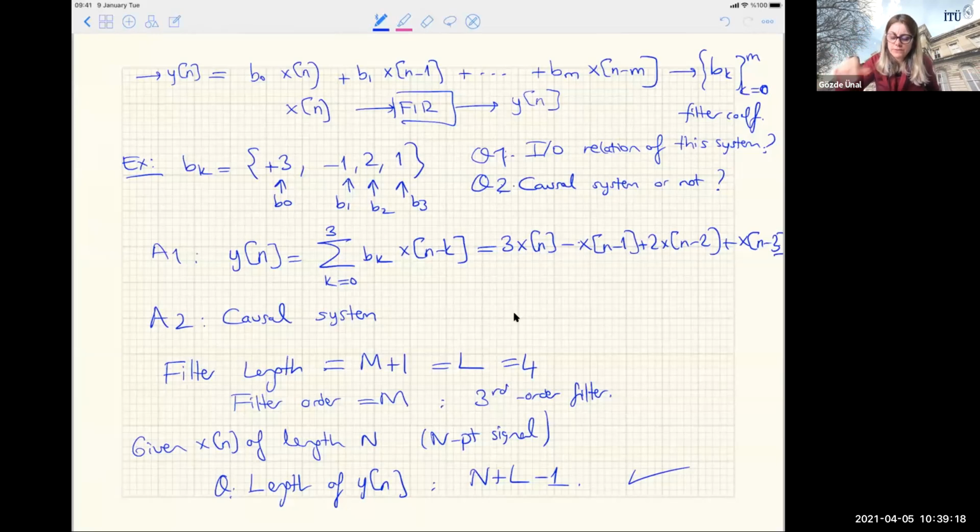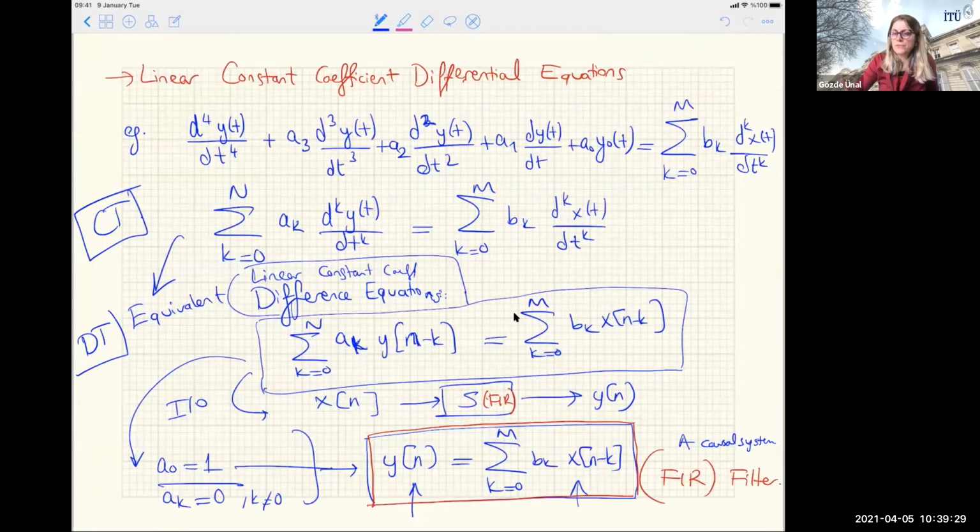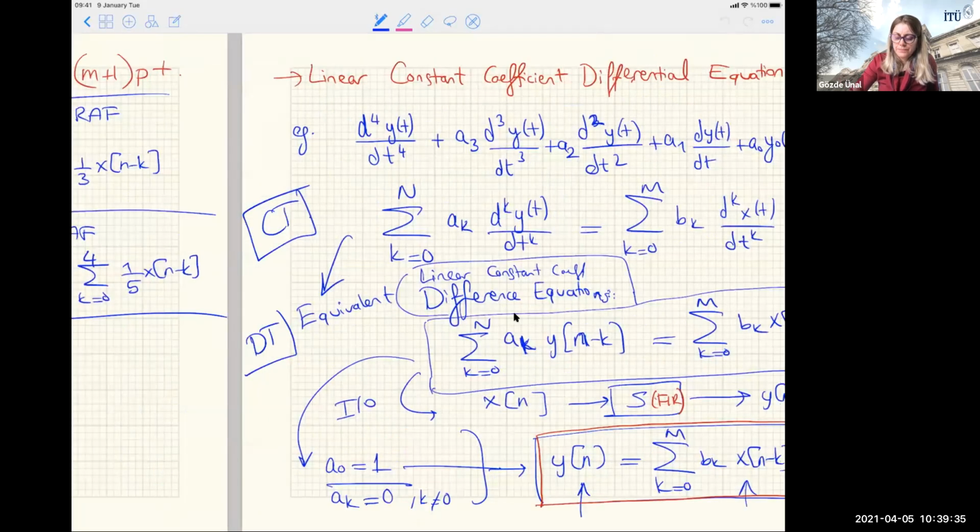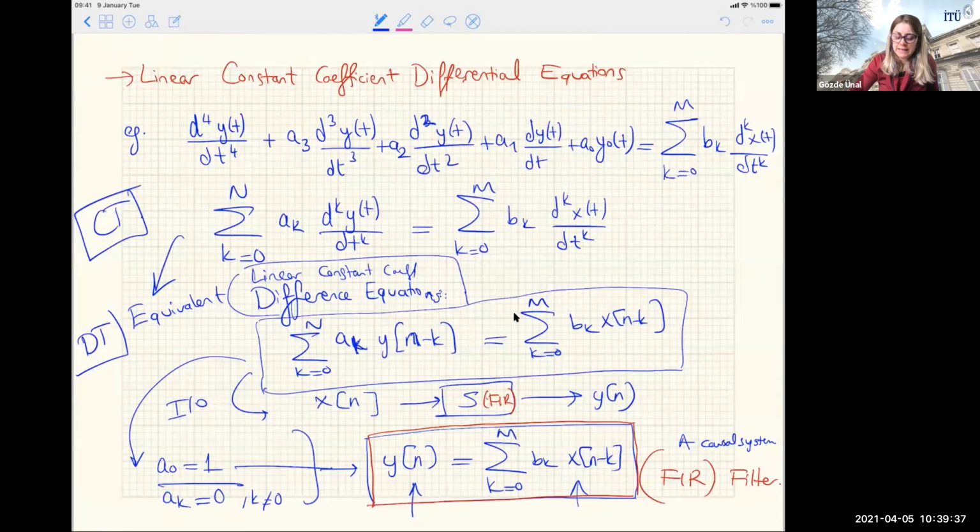Any questions until here? We've defined these finite difference equations, and we've looked at the finite number of filter coefficients, or finite length filters with b_k.